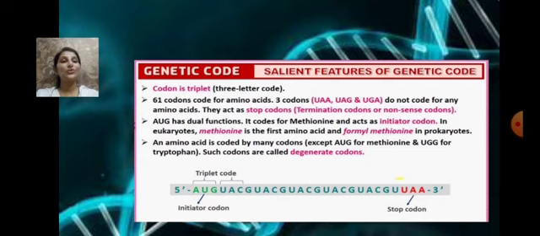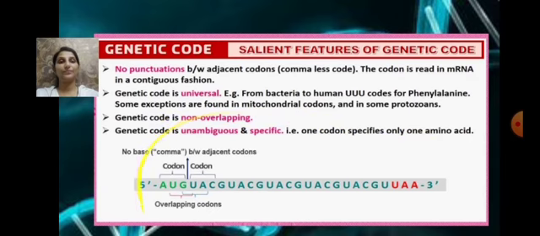Except for AUG, which codes for methionine, and UGG for tryptophan, the other amino acids are coded by more than one codon, and they are called degenerate codons. The genetic code is commaless, or there is no punctuation between the adjacent codons. So the codons on the mRNA are read in a contiguous, continuous manner.